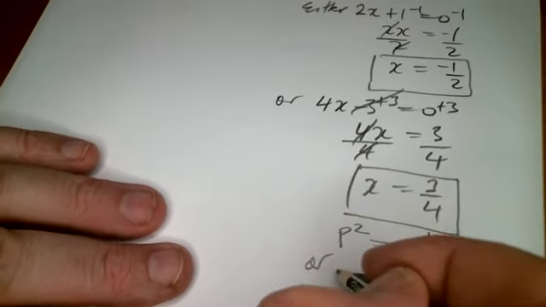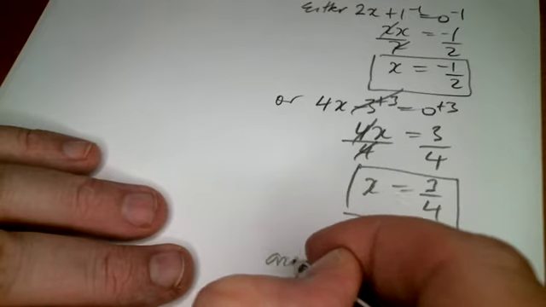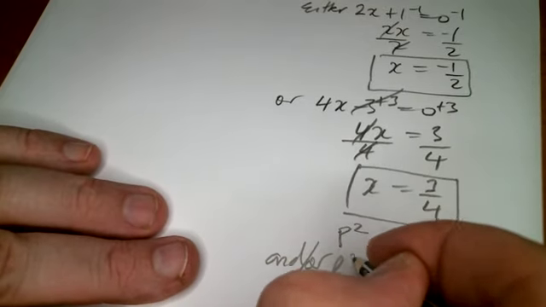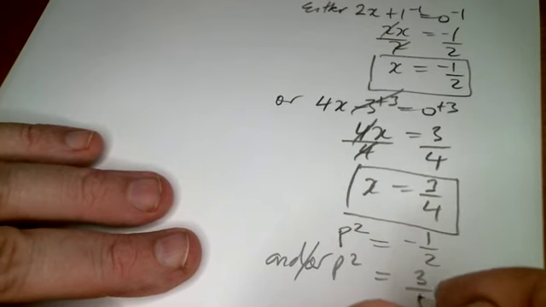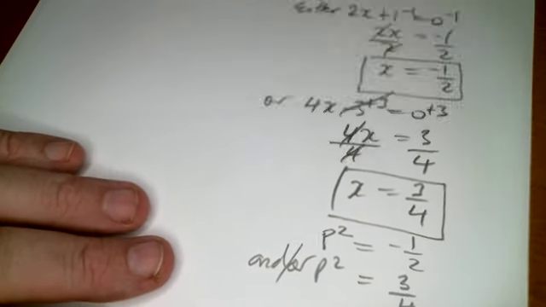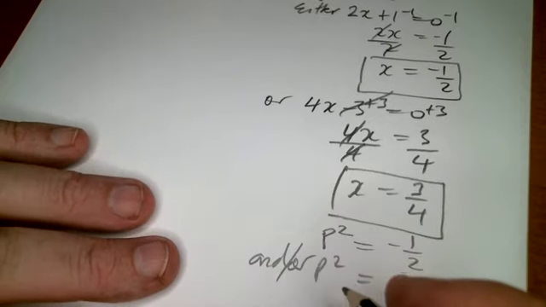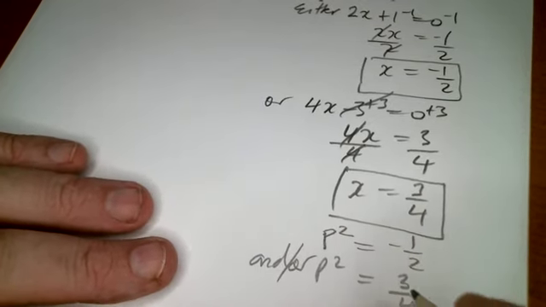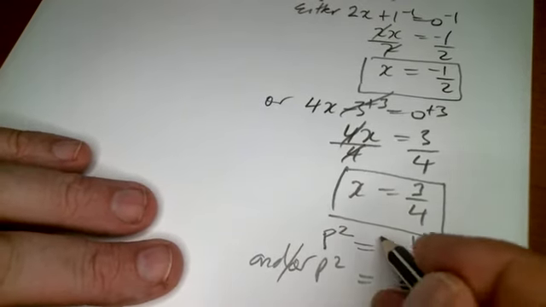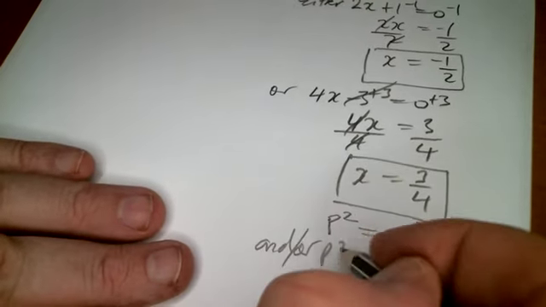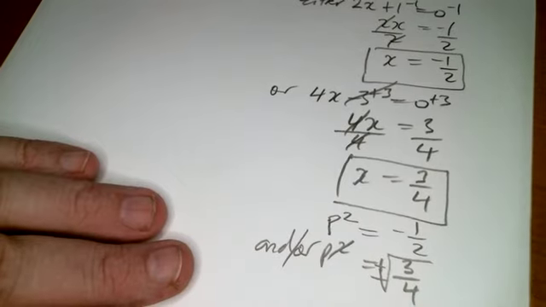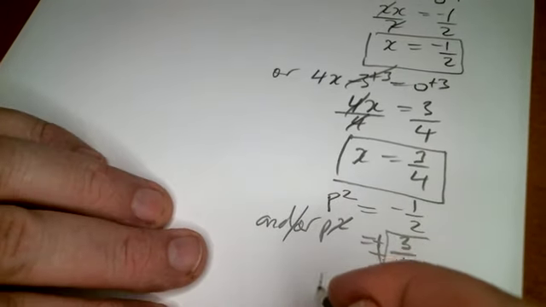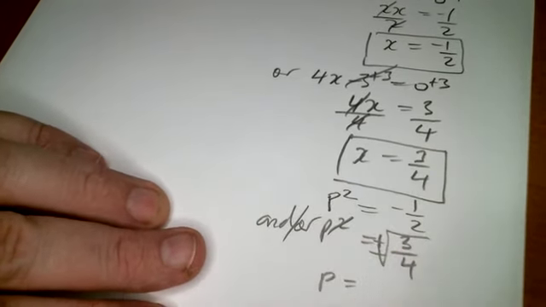Or, really, p squared is equal to, what have we got here, 3/4. Well, that works out well. So let's see if we can do that one. I can't find the square root of the negative 1/2, but here I can take the power off, make that a square root, put a plus or minus in front of it, and so p equals plus or minus root 3 over 4.